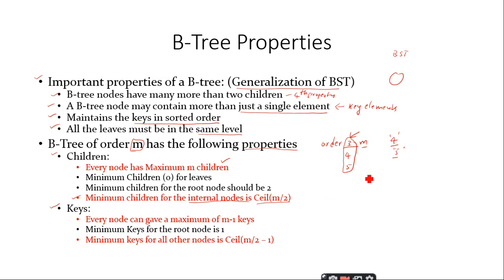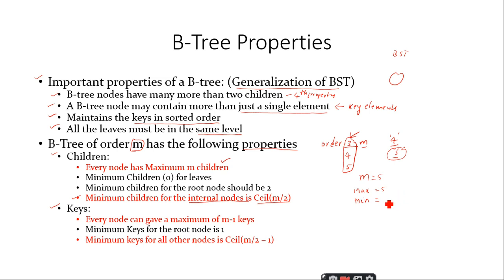For example, let us take the order 5. Let me take the value of m equal to 5. What is the maximum children it can have for that B tree? 5, sir. Super, right? Max is 5. And what is the min? 3, sir.